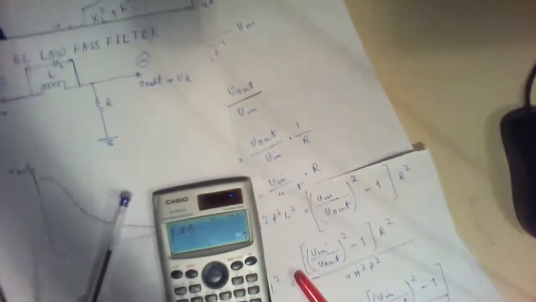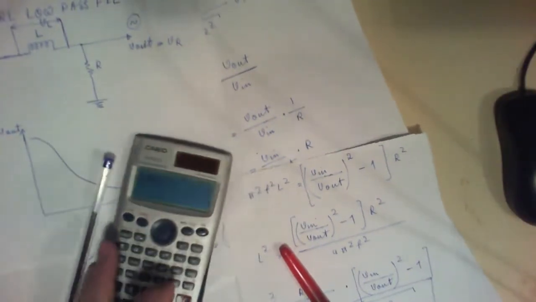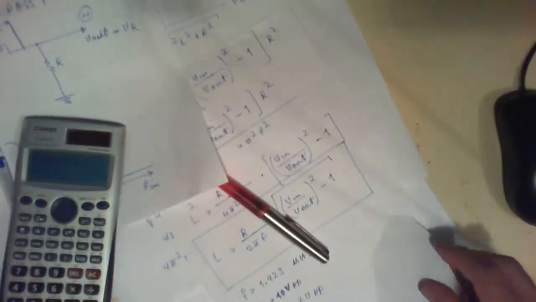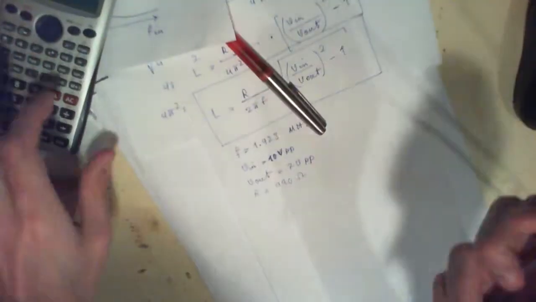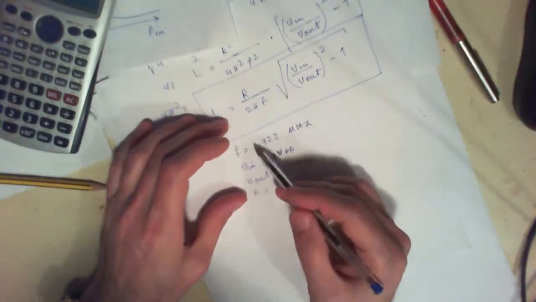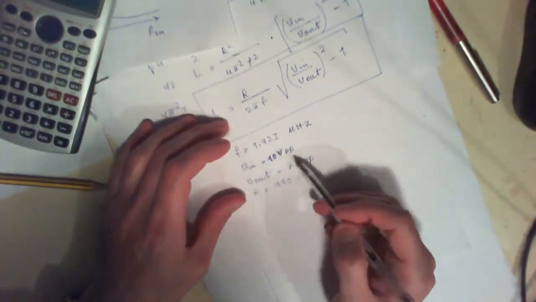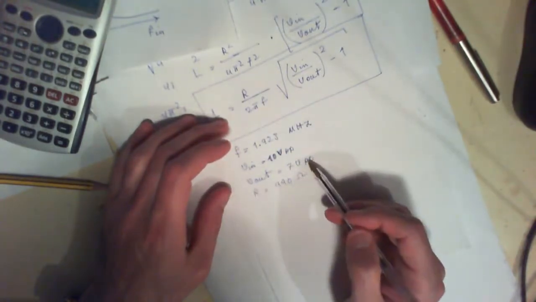Okay, so now I have these values over here. The frequency was 1.923 megahertz, the input voltage 10 volts peak to peak, output 7 volts peak to peak.